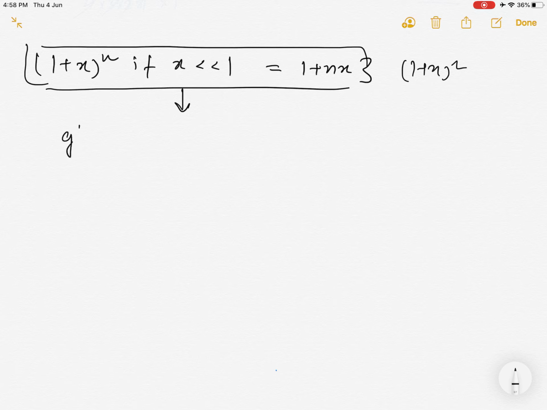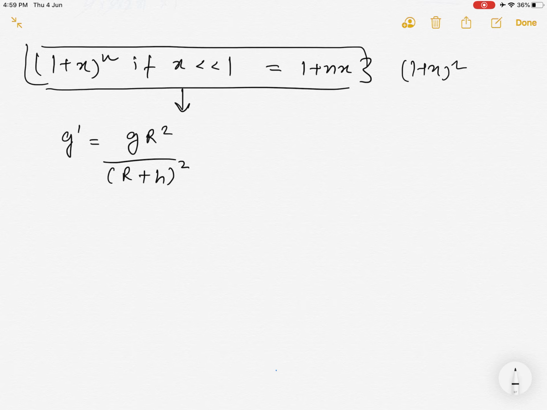Now what's the use of it, right? What's the use of it? I'll tell you the use case for this. The use case for this theorem is that let's say you have a function like g dash is equal to g r squared divided by r plus h whole squared.